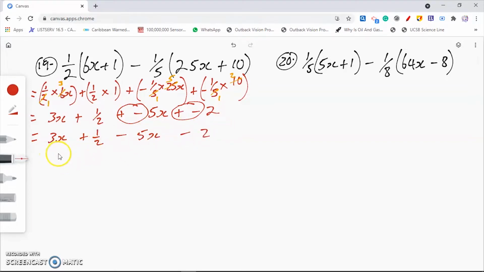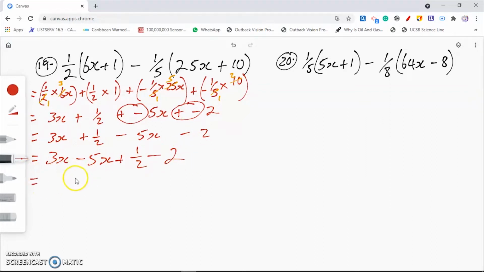Now we have to group our like terms, so we will get 3x minus 5x, plus half, minus 2.